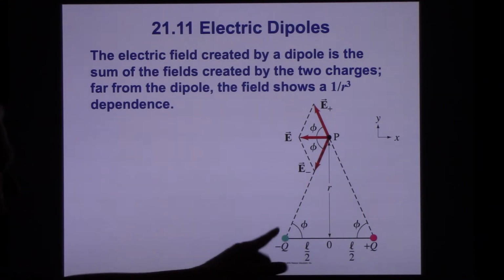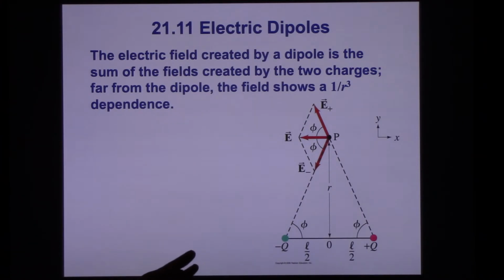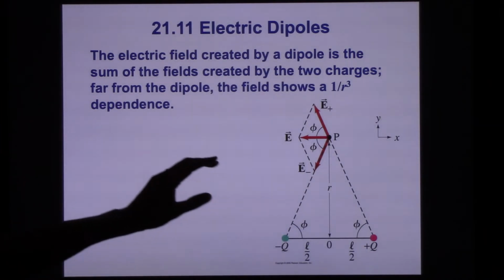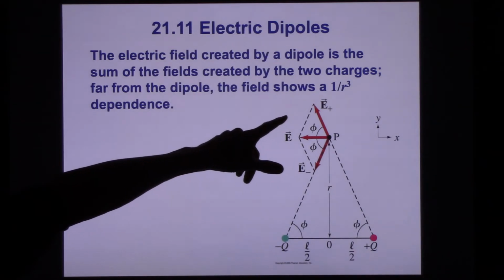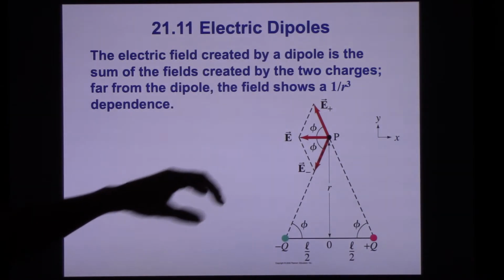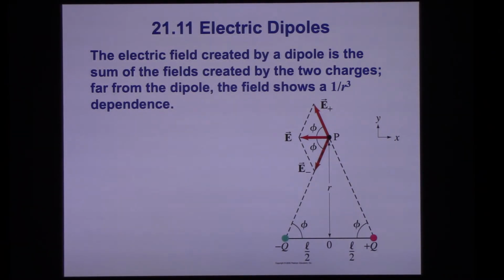So for a dipole, if I put equal amounts of positive and negative charge near each other, but not so they completely cancel, I'm going to get some cancellation of the electric fields, but not all of it. And it works out that for a dipole, that partial cancellation but not complete means that the E field now drops off faster, 1 over r cubed, instead of 1 over r squared.